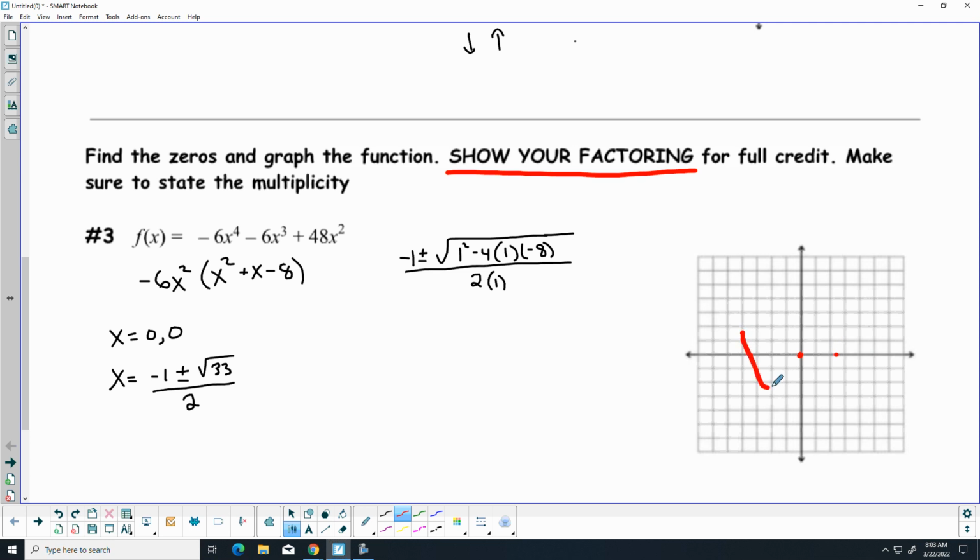So you would have something, whoops, I'm going the wrong direction because that's a negative leading coefficient. You're going to get an M-shape on that one.